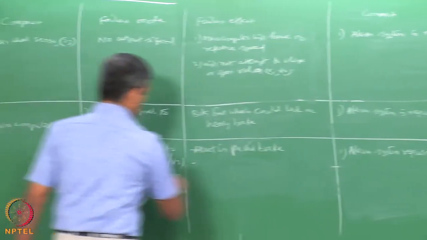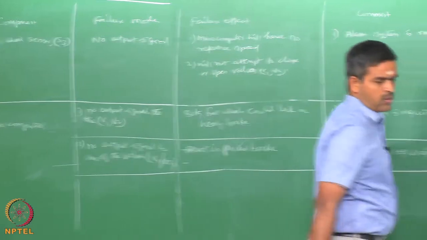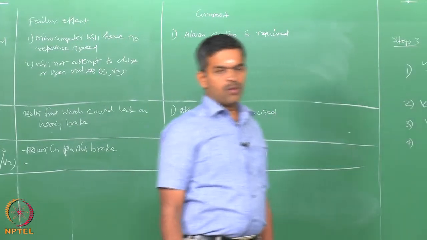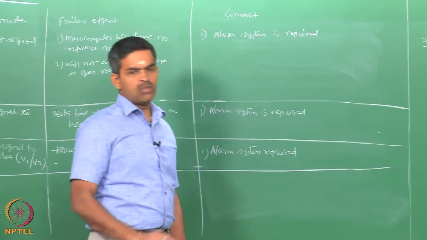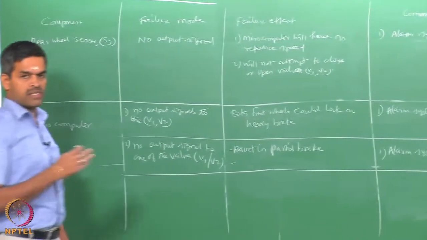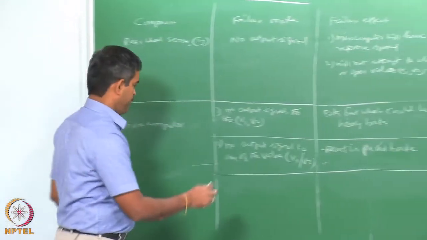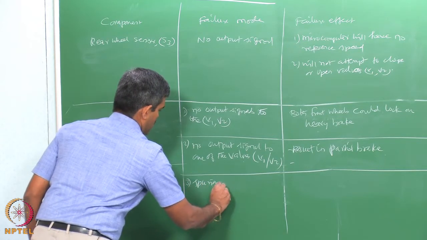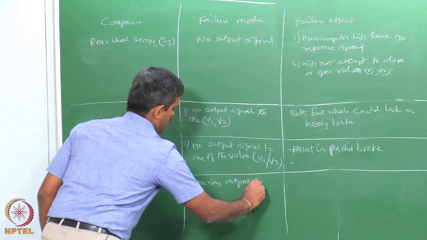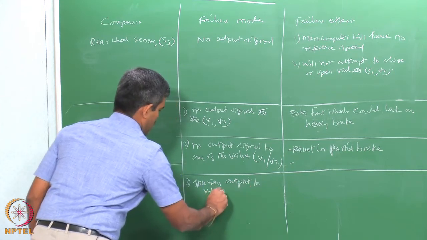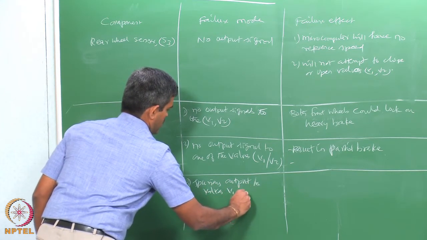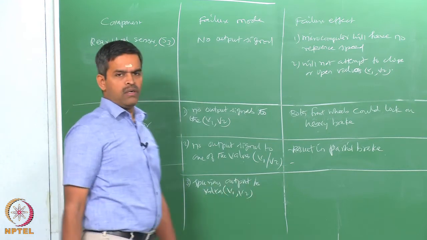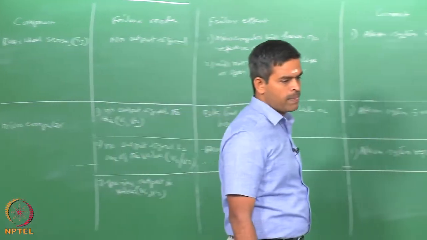The third failure mode could be spurious output to both the front valves. I mean, output is not desired, but output is supplied. It is not required, but is supplied by the computer.